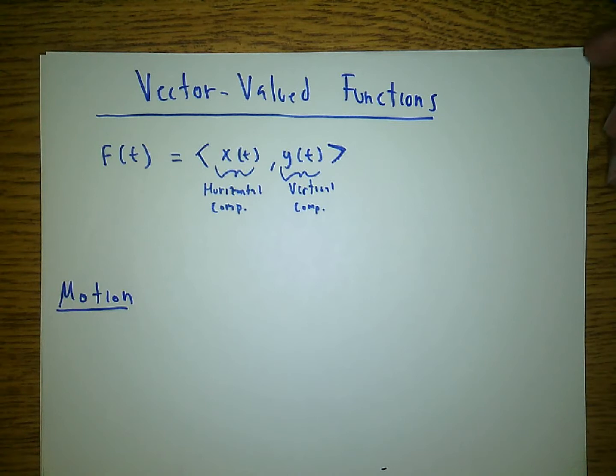Yeah, and that's why this gets covered around the same time. You're going to be able to think of these as a set of parametric equations. If you can think about it that way, then vector valued functions are really not that difficult.